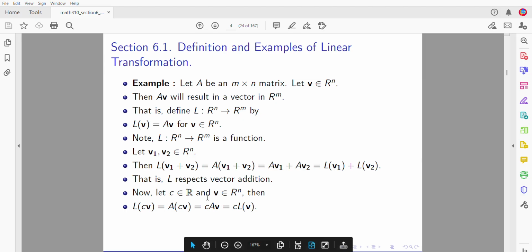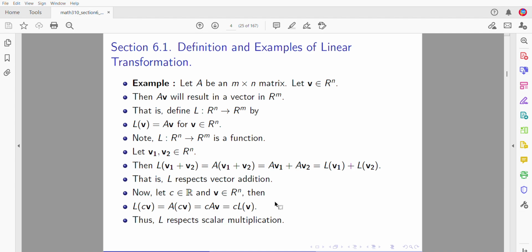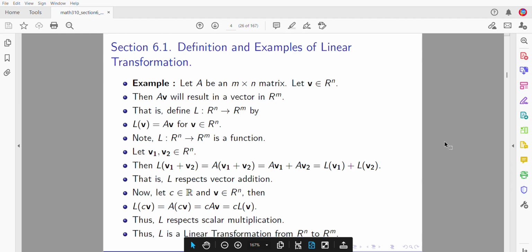In other words, L respects multiplication by scalars. It respects vector addition too. So L is indeed a linear transformation. This is an important example. Given a matrix, you get an automatic linear transformation, which is nothing but multiplication by the matrix.